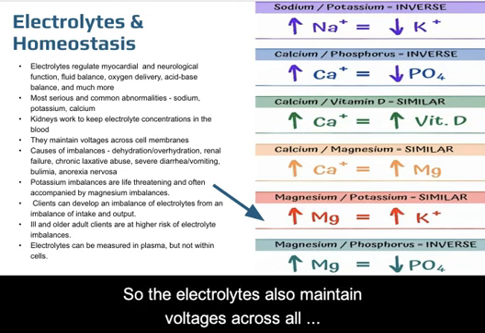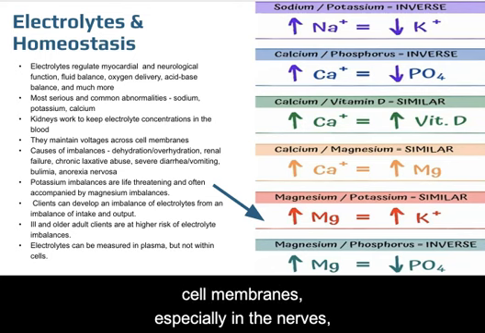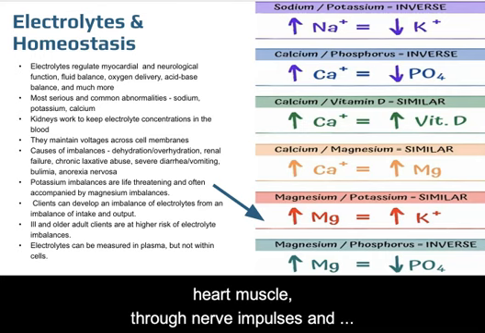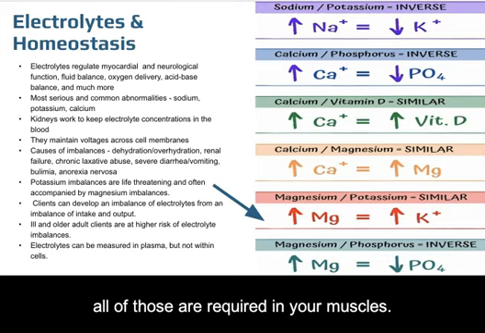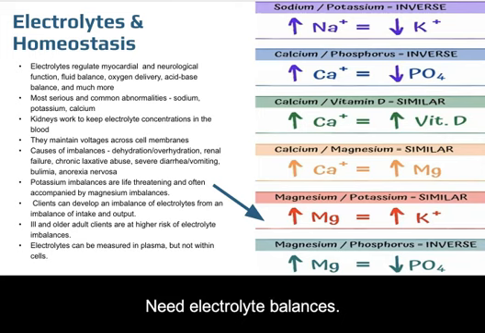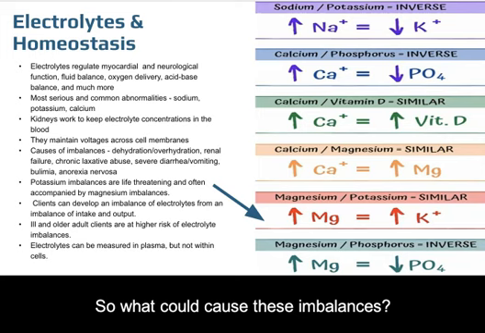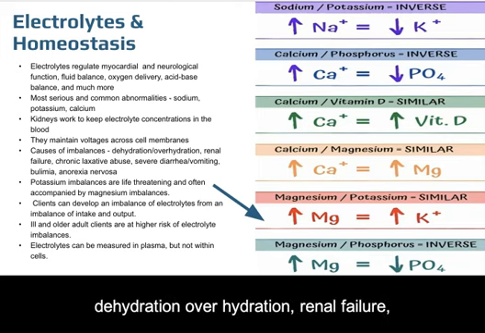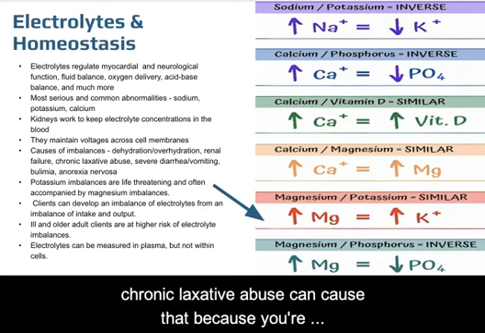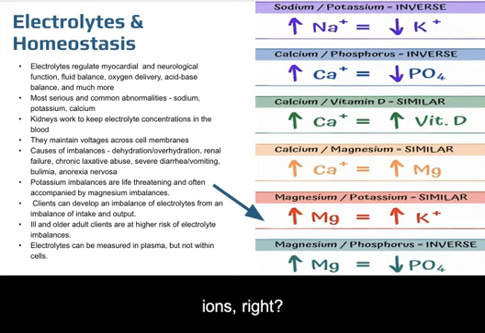The electrolytes also maintain voltages across all cell membranes, especially in the nerves, heart, and muscle, through nerve impulses and muscle contractions. Remember the pumping action of the heart, nerve impulses from the spinal cord. All of those are required in your muscles, and they need electrolyte balances. So what could cause these imbalances? Dehydration, overhydration, renal failure, chronic laxative abuse can cause that because you're losing ions, right?